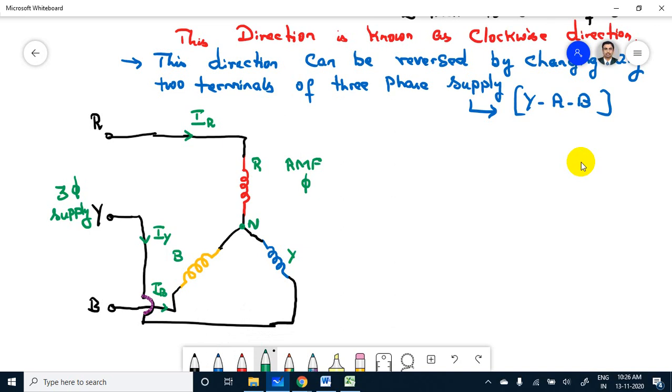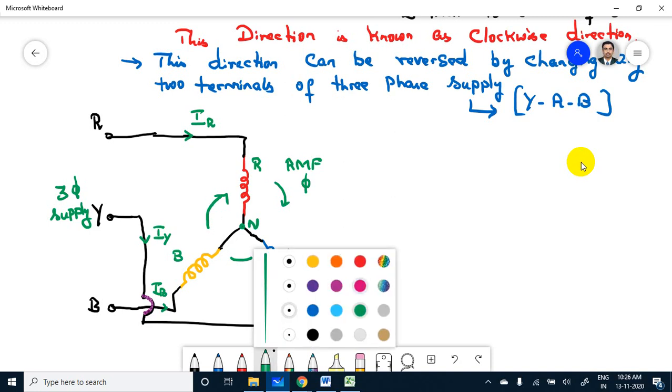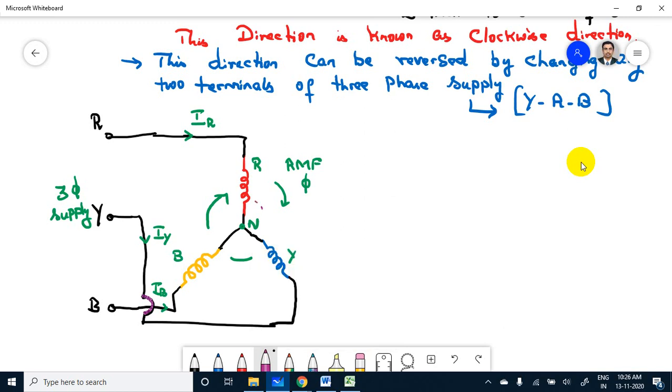Which rotates from R to Y, then Y to B, then it moves from B to R.